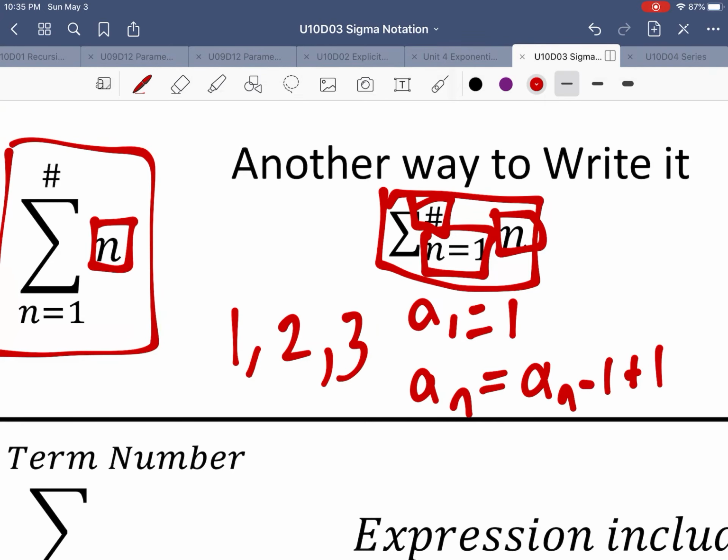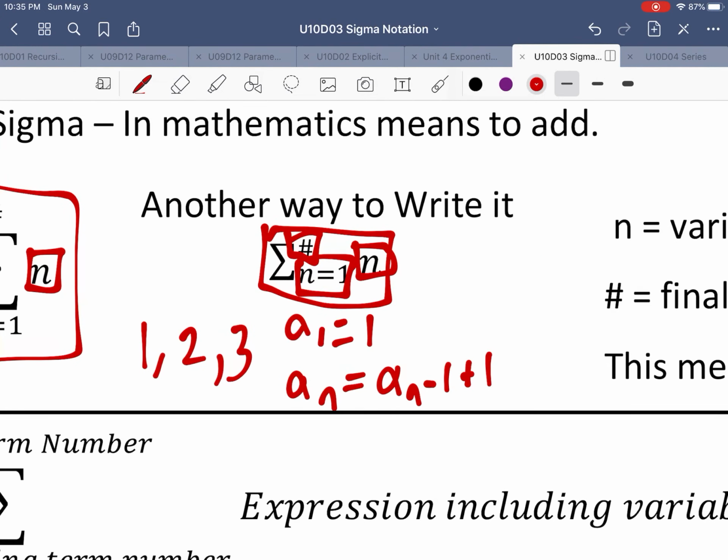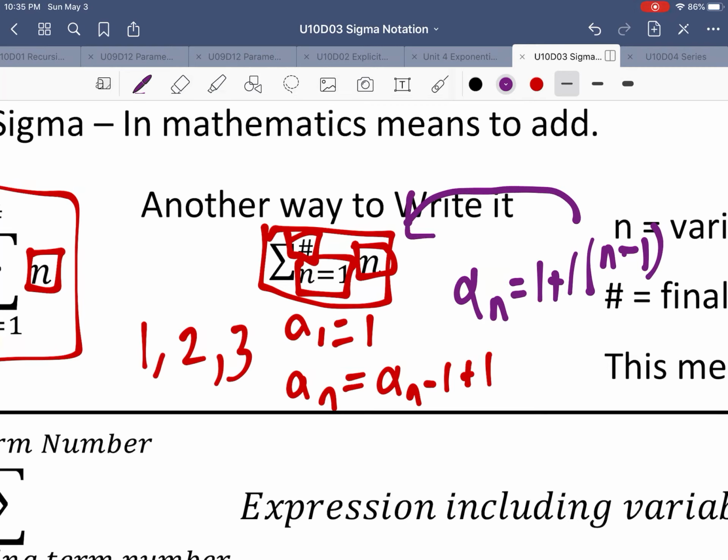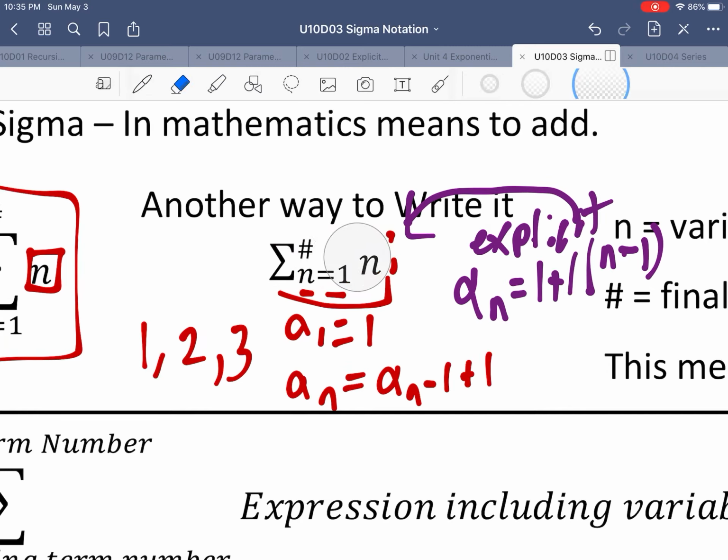This would be the recursive rule, whereas the explicit rule would just be an equals the first term plus the common difference times n minus 1, because that would be an arithmetic sequence. So this would be the part that would appear here. So the explicit rule would be what appears in place of n in this case.